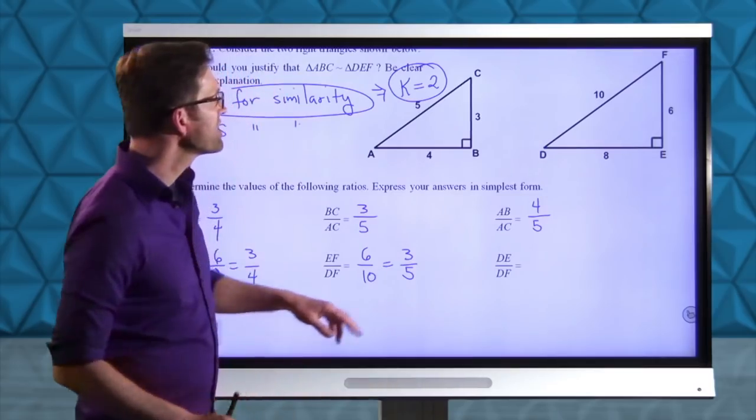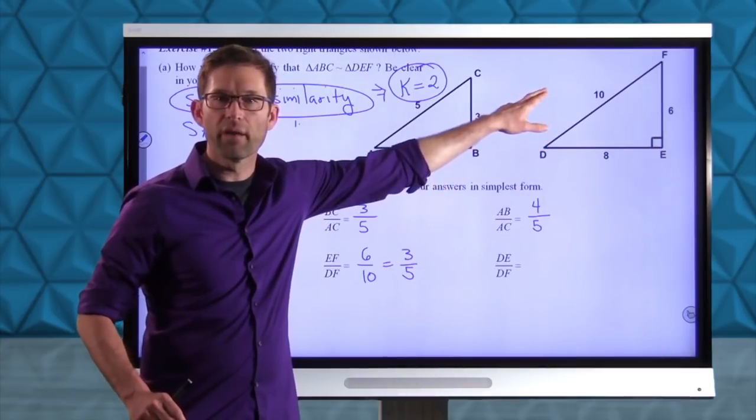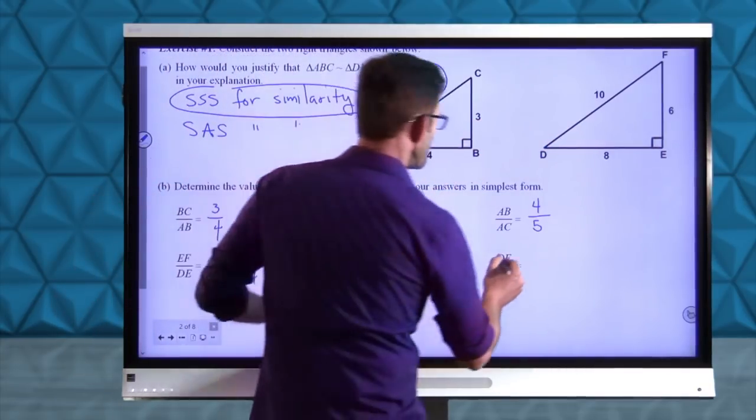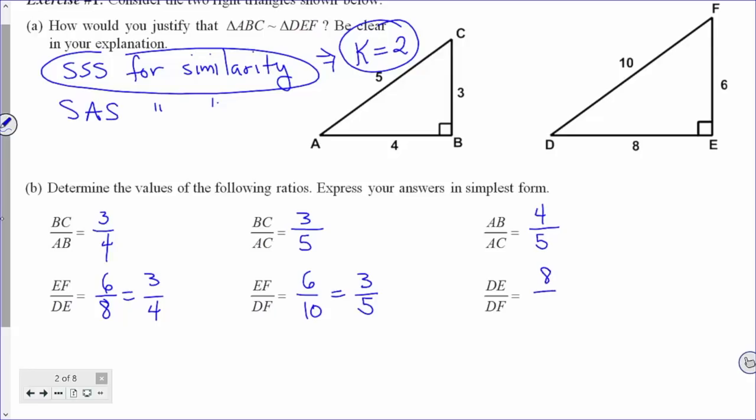And finally it asks me to do DE divided by DF, which is going to be 8 divided by 10, which again reduces to 4/5. And again, it may even be helpful to think about this in terms of decimals. 0.75, 0.6, and 0.8.